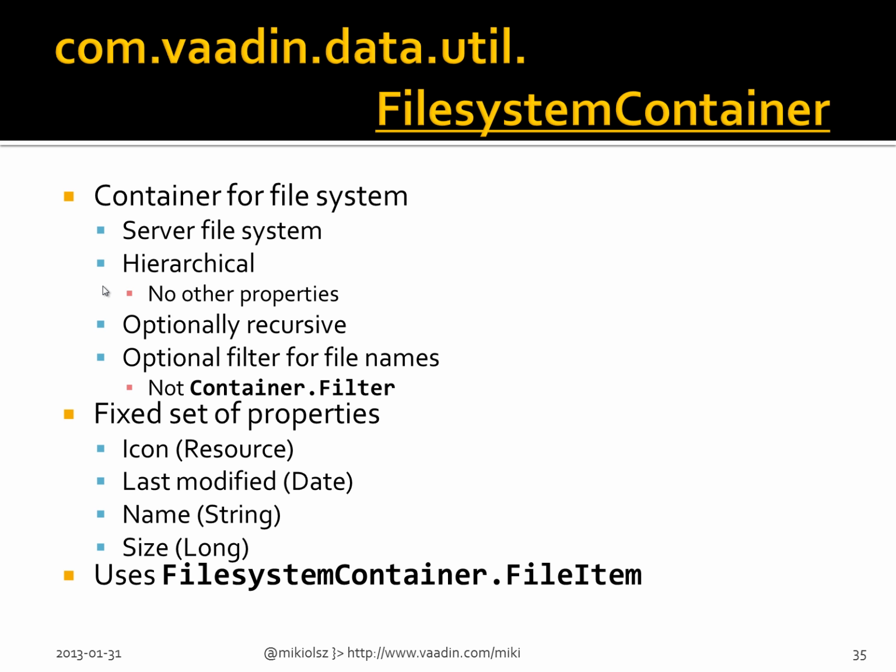So it's not something that the user has in the browser, but something that there is on the server. It's optionally recursive, so you can just restrict to the files that are in the root directory, or you can just recurse. And there is even optional filtering of file names. So it's not a container filter, it's a file name filter that just, for example, lists all PDF files that you have on your local system.